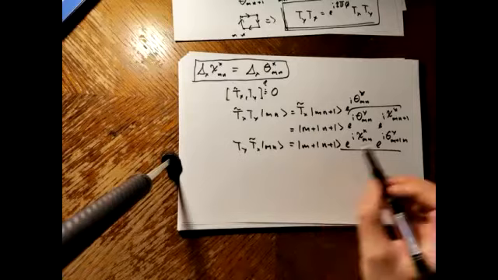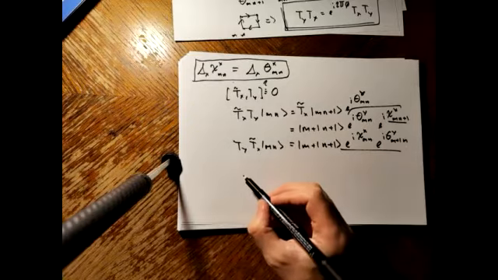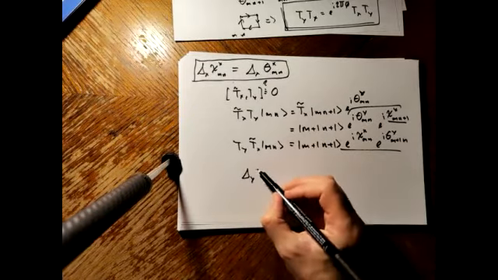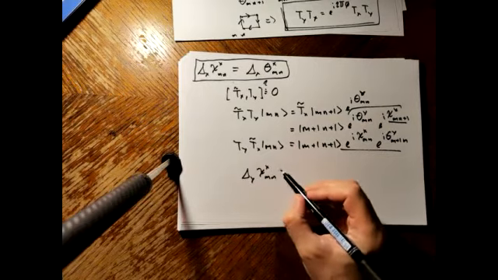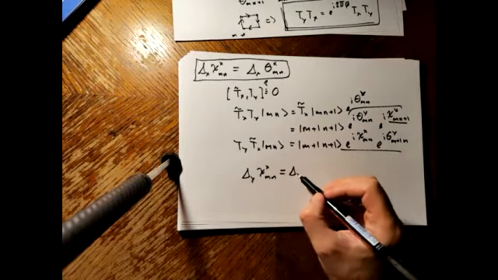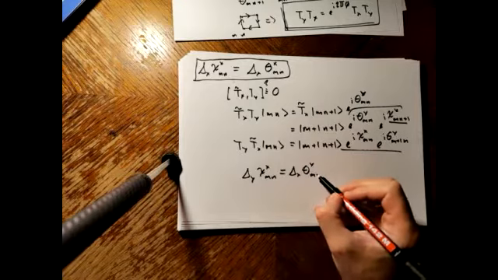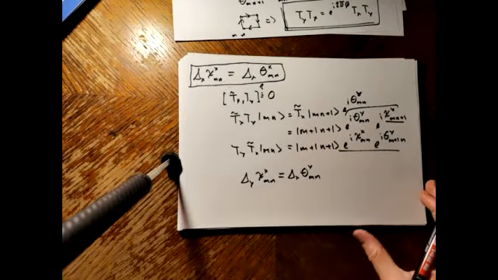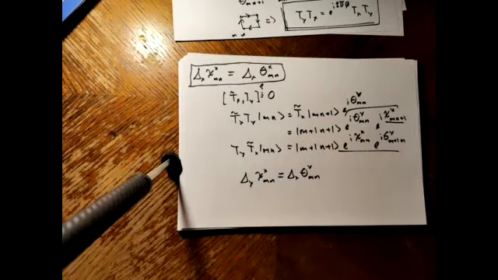So if I read this correctly, I can say χx(m,n+1) minus χx(m,n) is the y lattice derivative, Δy χx(m,n). That's actually our equation, but I'm not going to leave it in this form.